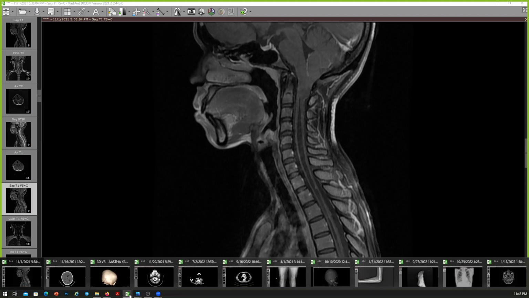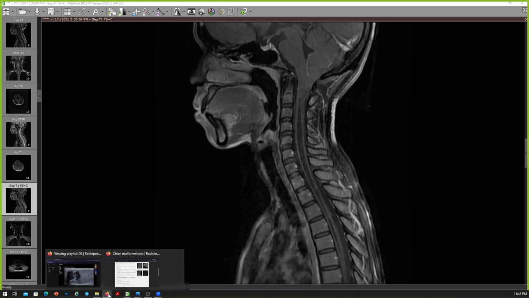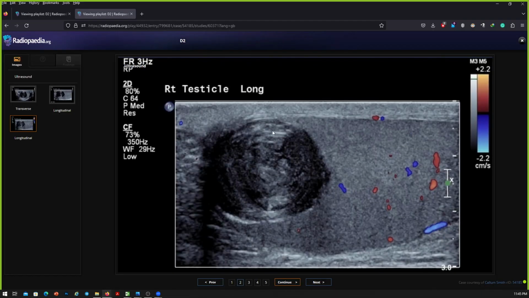Other than that, let's go to the other sets of cases. Then we come on to this case. This was also perfect. This is a testicular epidermoid. Usually this is considered a benign finding, but there is some controversy about the management. Some say that they enucleate this lesion and then this goes for histopathology. But essentially this is considered a benign mass.